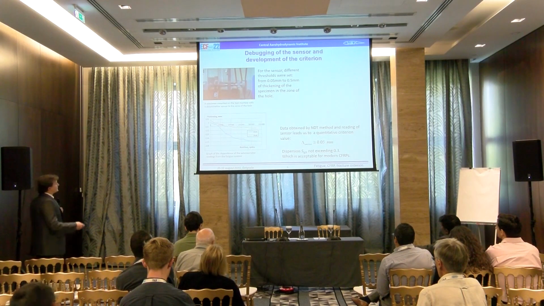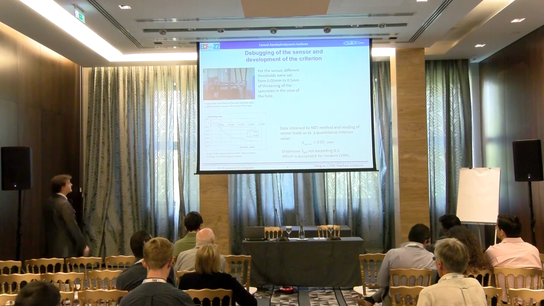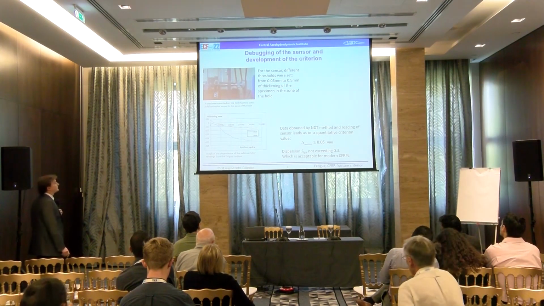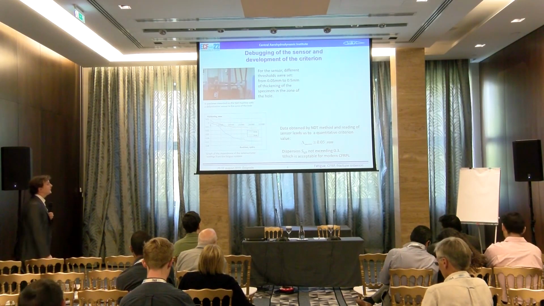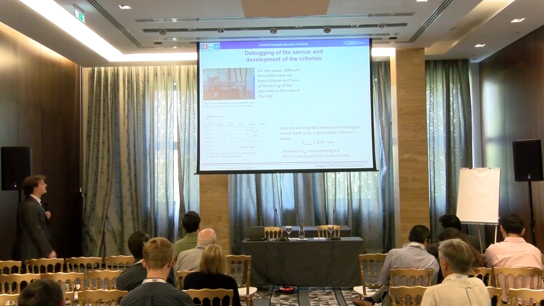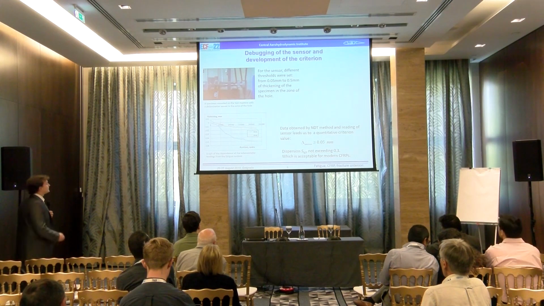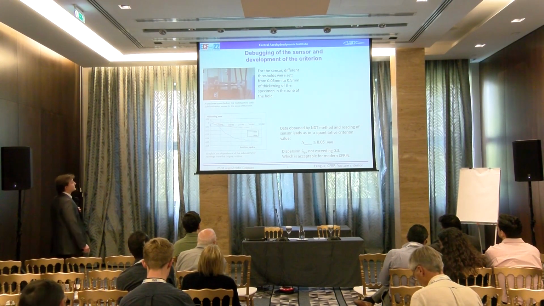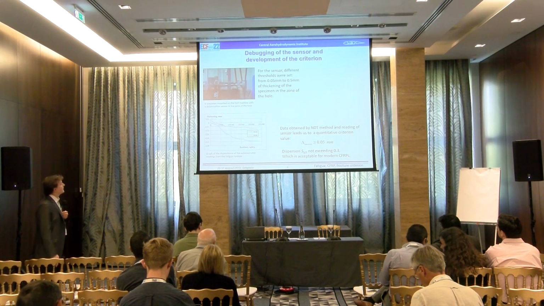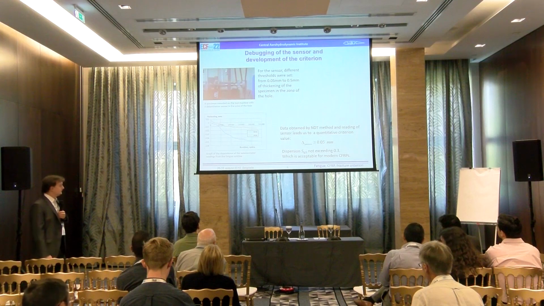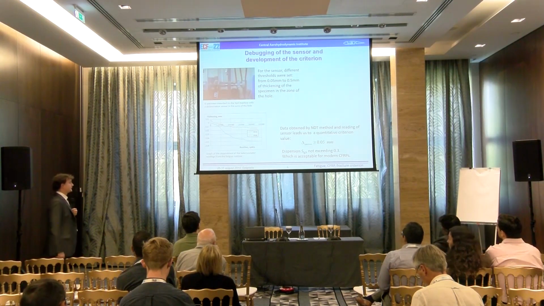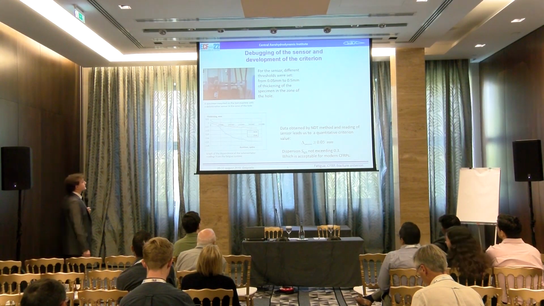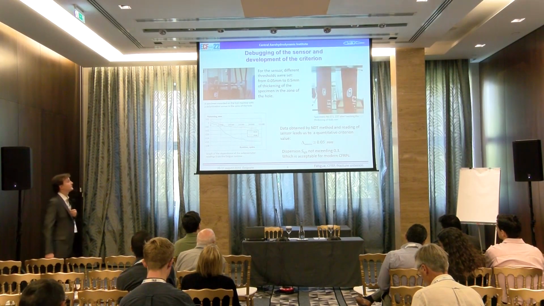And analyzing these two arrays of data obtained by the NDT method and readings from this sensor leads us to a quantitative criterion value. It is 0.05 millimeter, and I should say in this case the dispersion of fatigue life does not exceed 0.3, which is acceptable for modern CFRPs.